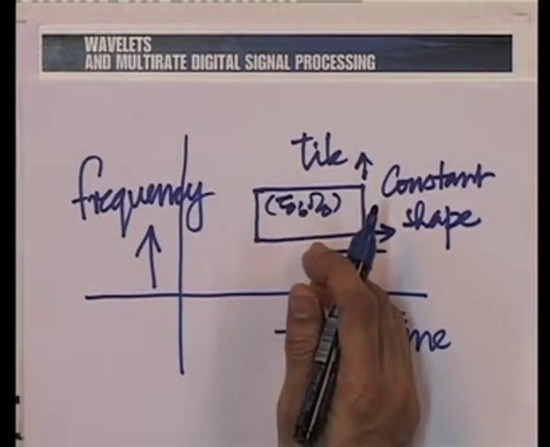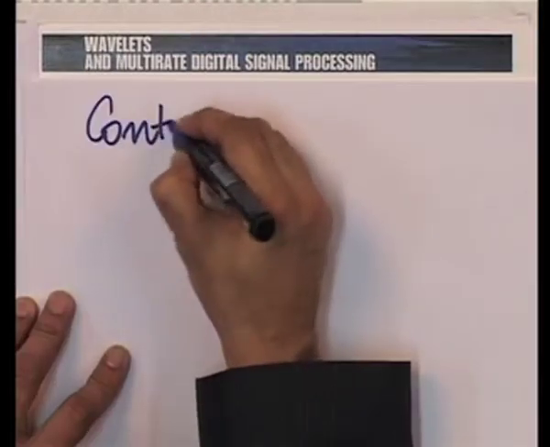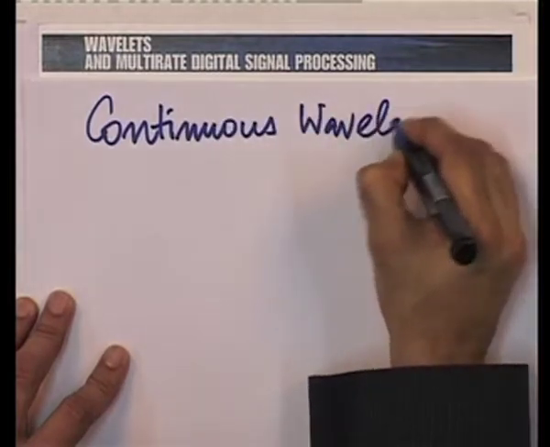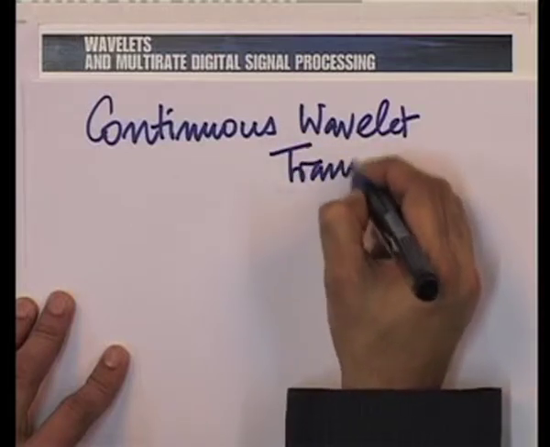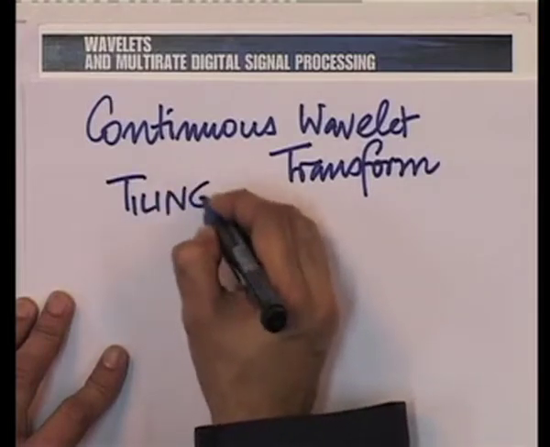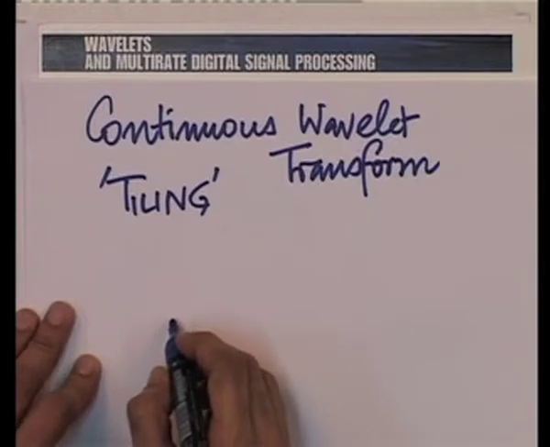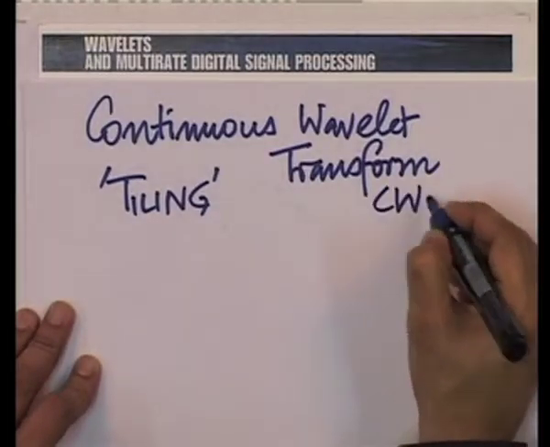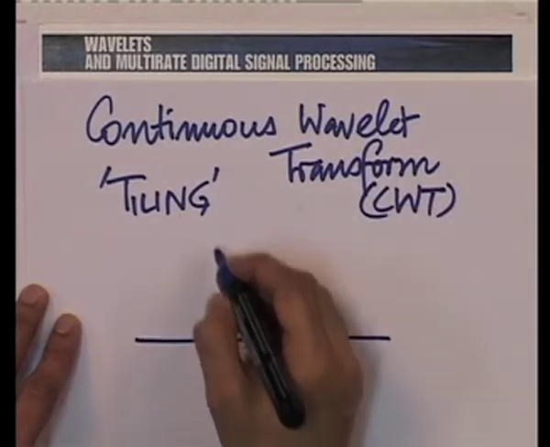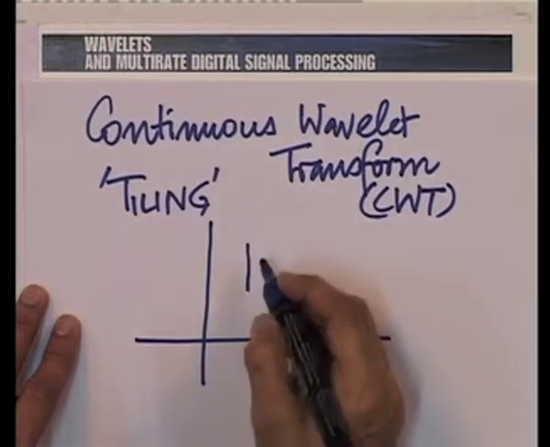Now, in the continuous wavelet transform, we have a slightly different kind of tile. And we will understand what we are doing in the CWT. We shall use CWT to abbreviate the continuous wavelet transform. Now, here there is a tile of variable shape.